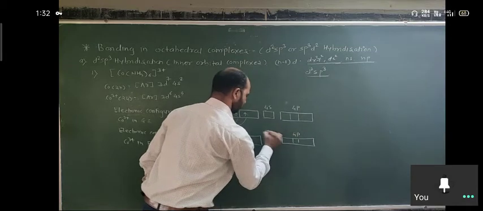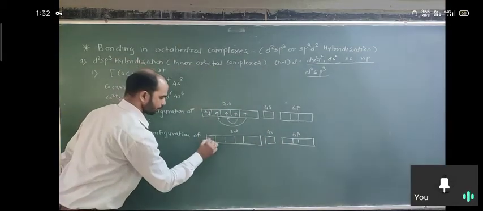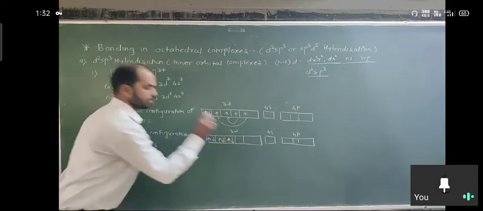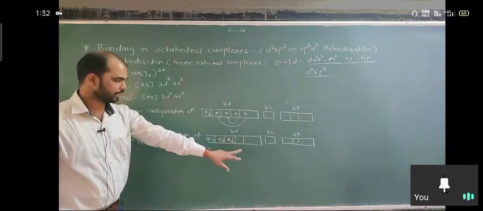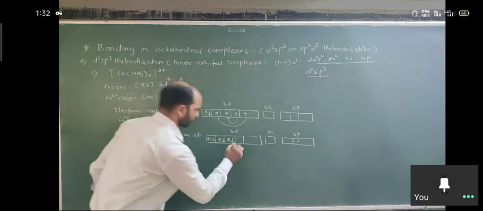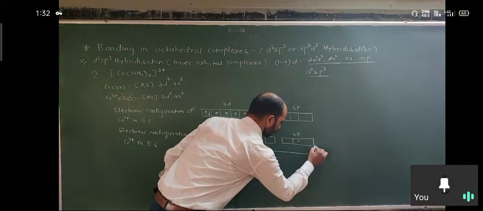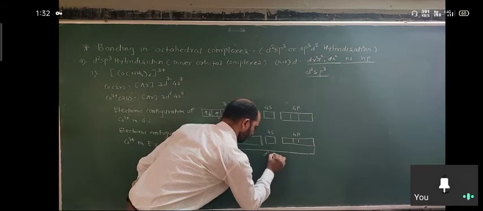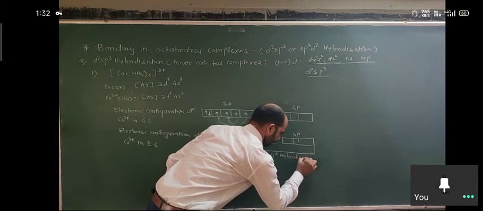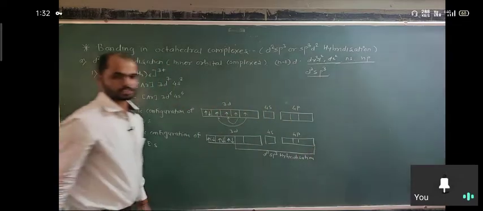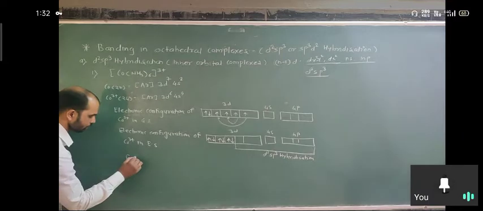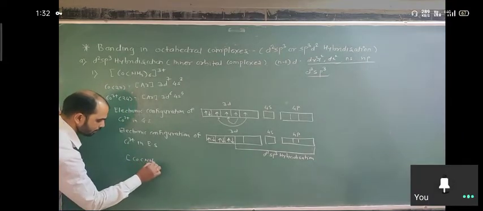All electrons are paired in the first three d orbitals. The next two are empty, these are dx2-y2 and dz2. So the ion undergoes d2sp3 hybridization, and then we finally write the electronic representation for the complex.